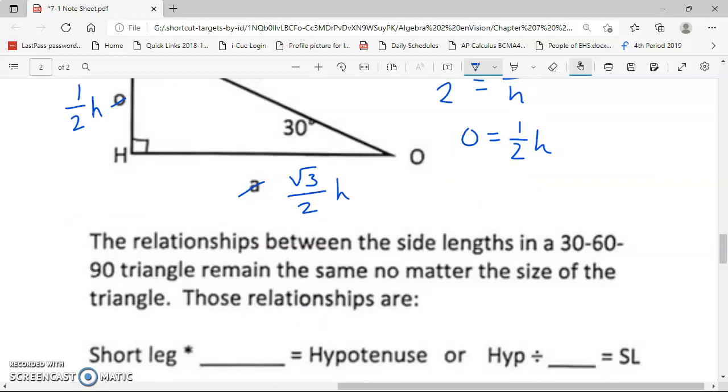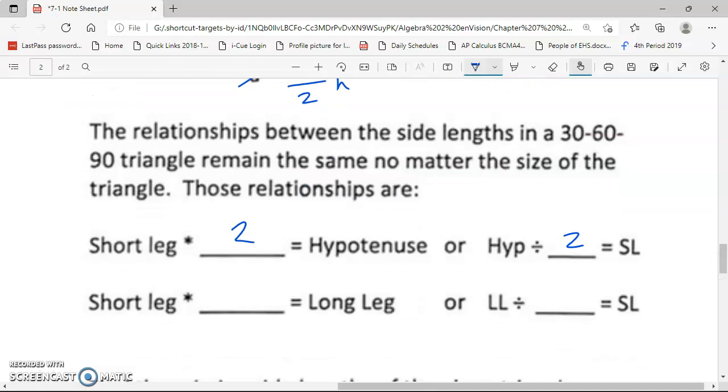The short leg is 1/2 the hypotenuse. Oh, nope. The short leg times 2 would be the hypotenuse, or the hypotenuse divided by 2 gives you the shortest leg. And the short leg times the square root of 3 gives you the long leg, or the long leg divided by the square root of 3 gives you the short leg.